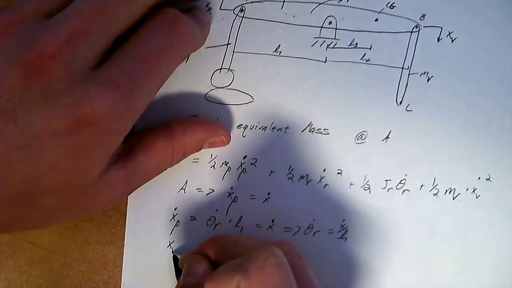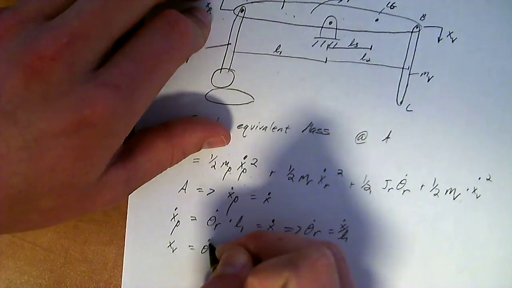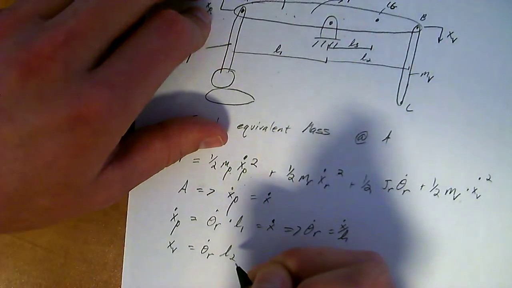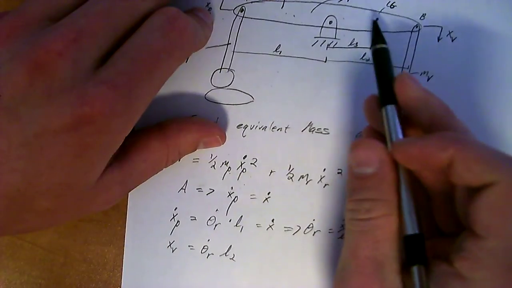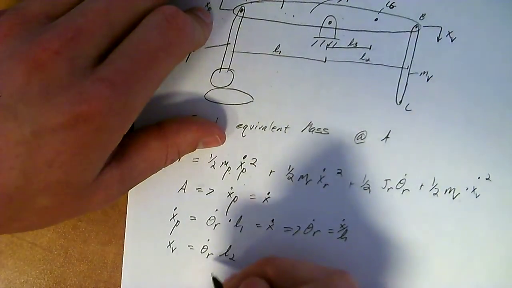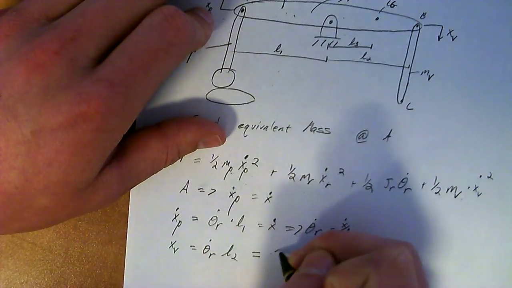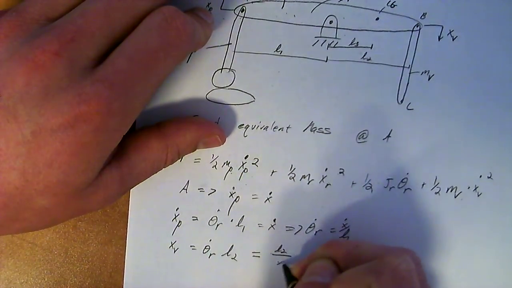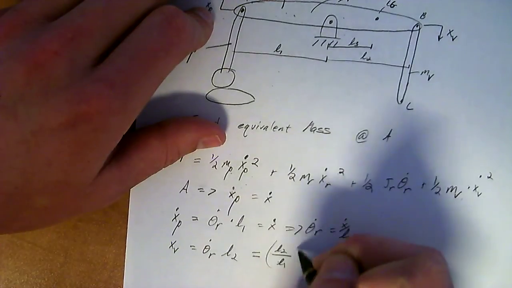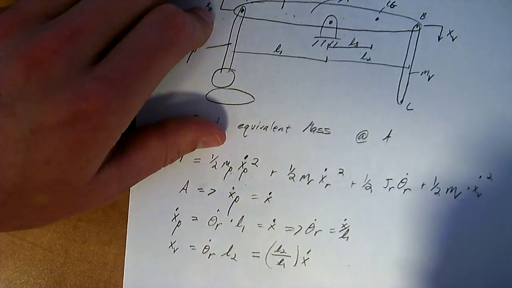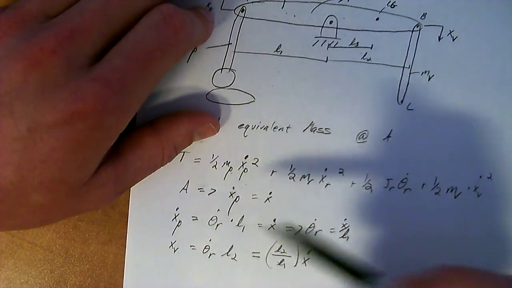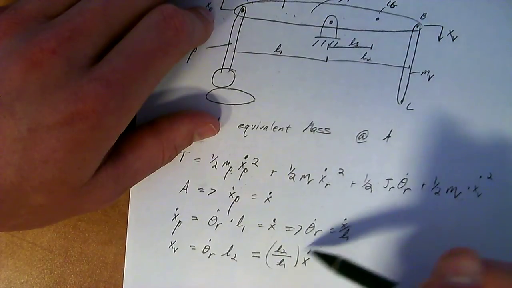Okay, so then xv is equal to theta dot r times L2, the distance across here, which is then equal to L2 over L1 times x dot, because we already defined theta r as this, so we just stick it down in here.